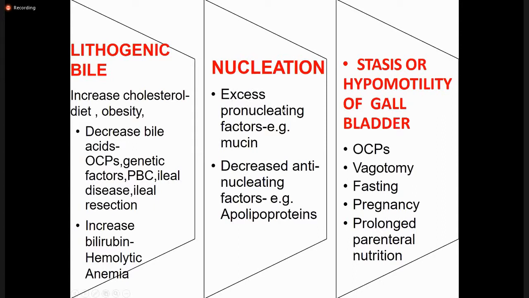Excess nucleation can occur, with excess pro-nucleating factors, for example mucin, and decreased anti-nucleating factors like apolipoproteins. These will all precipitate stone formation. Stasis or hypomotility of the gallbladder. Hypomotility of the gallbladder will be precipitated by oral contraceptive pills, vagotomy, fasting, pregnancy, and prolonged parenteral nutrition.